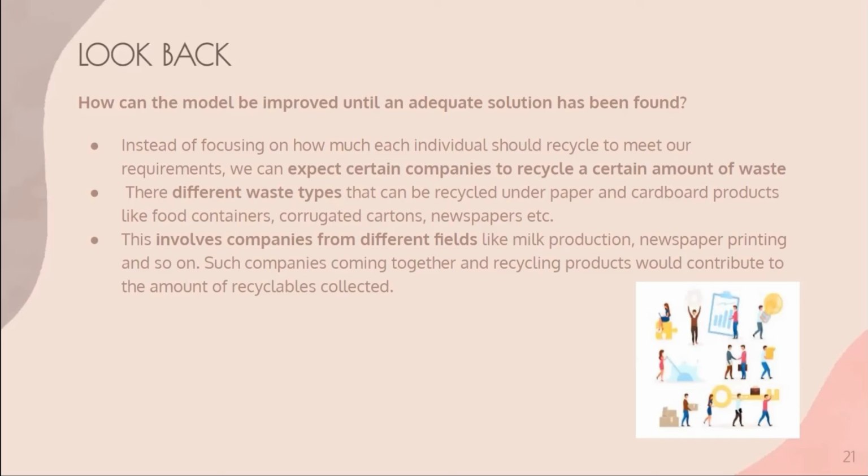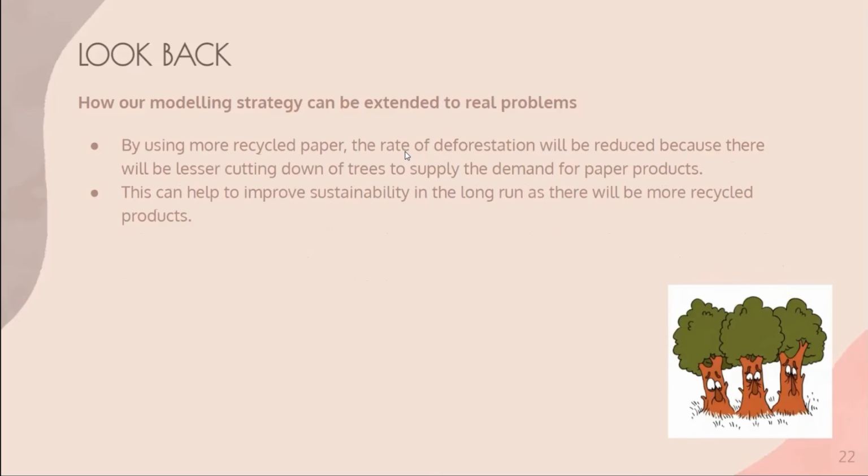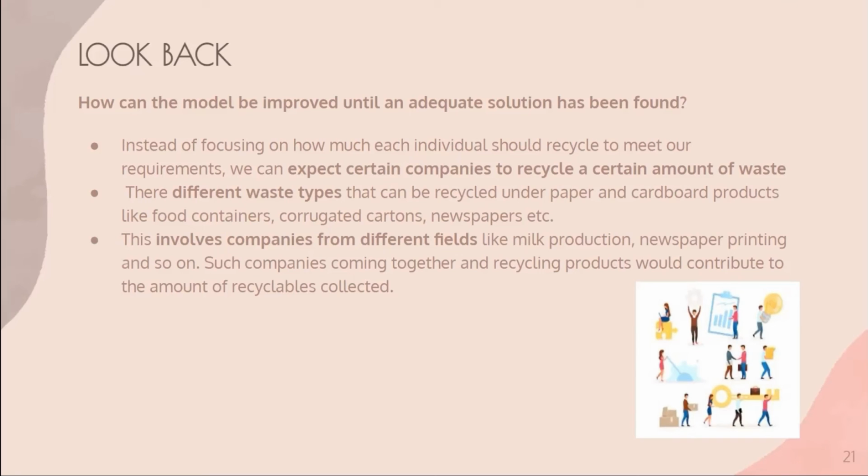Since there are different waste types that can be recycled under paper and cardboard products, like food containers, cartons, and newspapers, involving companies from different fields like milk production, newspaper printing, and so on, these companies coming together and recycling products would contribute to the amount of recyclables collected, which helps with meeting our requirement.